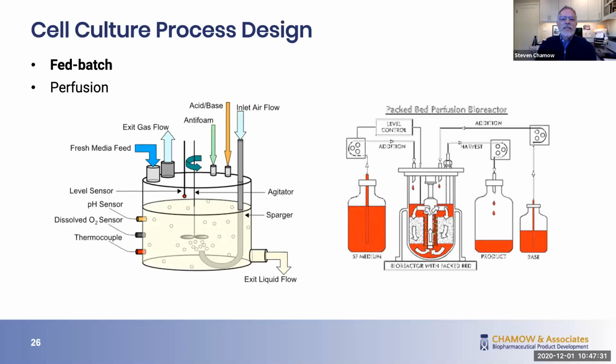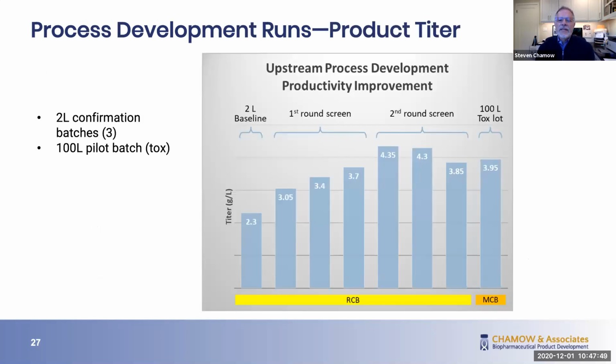We can do this in a cell culture process design that's either fed batch, shown on the left, or perfusion, shown on the right. The more common approach in our industry today is fed batch. In the case study at hand, we did 3 2-liter confirmation batches and a 100-liter pilot batch.